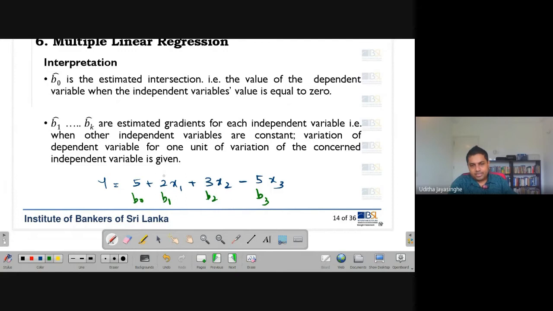Now, what are these? This is going to be the gradient of the movement of the dependent variable when all the other independent variables are going to be constant.